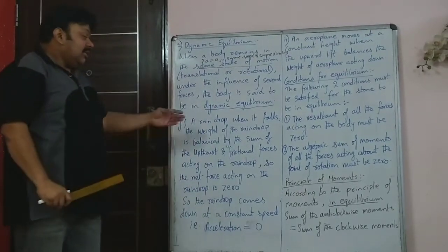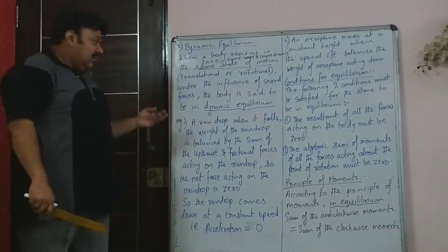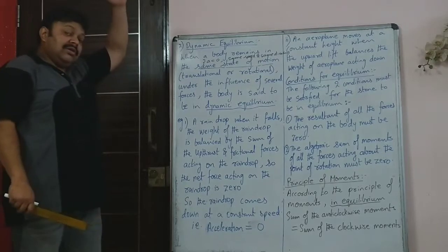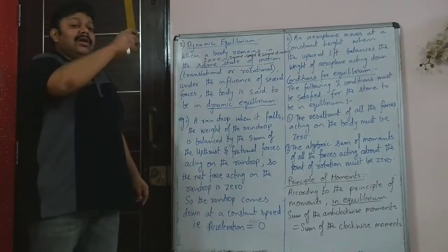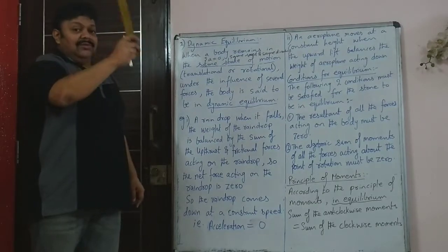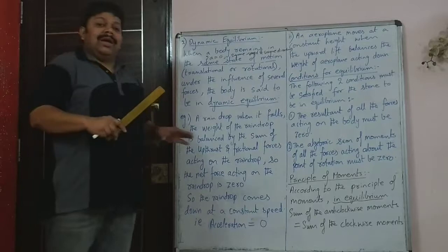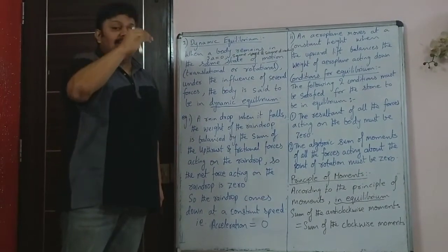But now consider the raindrop. The raindrop, you know, it's very light. So when the raindrop is coming in the earth's atmosphere, the weight of the raindrop and the upthrust acting due to air and frictional forces are exactly the same. So they balance out. So the raindrop comes at a constant velocity.